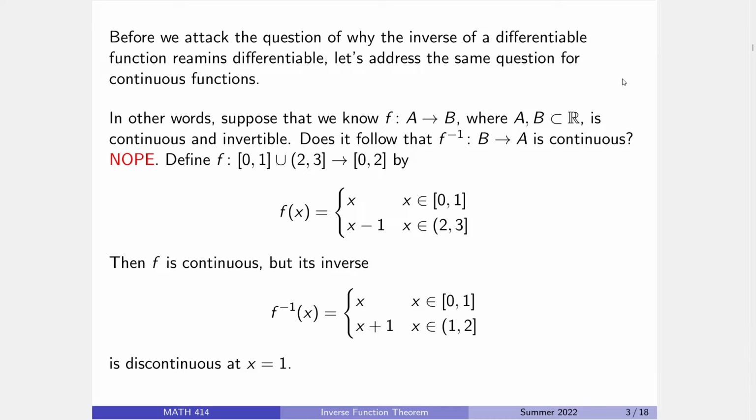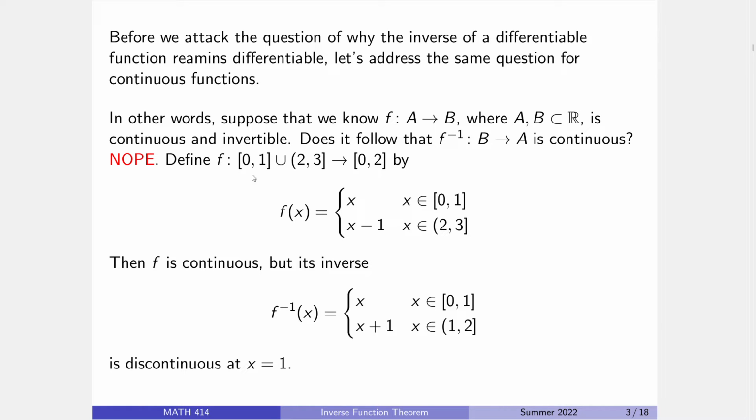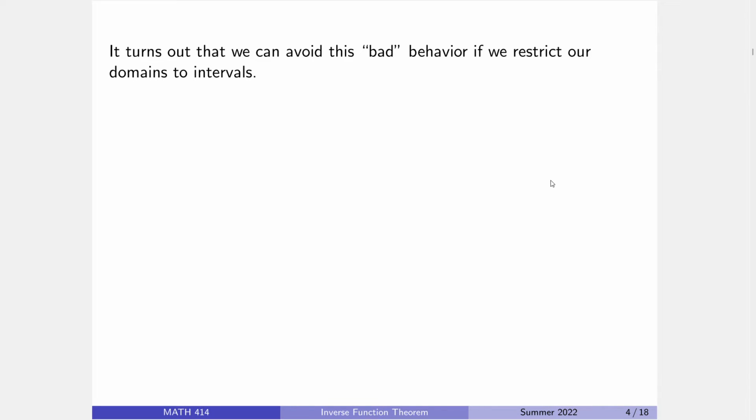But before we get there, what we'll do is note that while the inverse of a continuous function may not be continuous, it turns out, and if you have a little bit of an eye for it, note what the domain was. Yeah, we don't like sets that look like that. We like nice, non-degenerate sets.